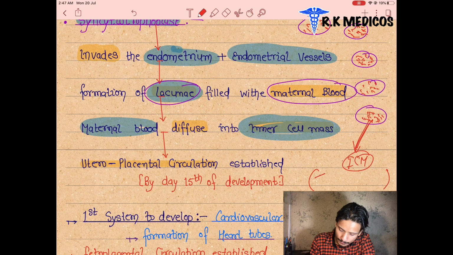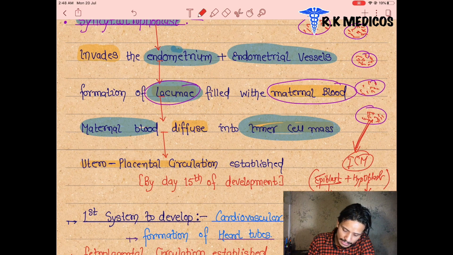Now you told me there are two parts: epiblast plus hypoblast. The cavity enclosed by the epiblast is the amniotic cavity, and the hypoblast forms the yolk sac.